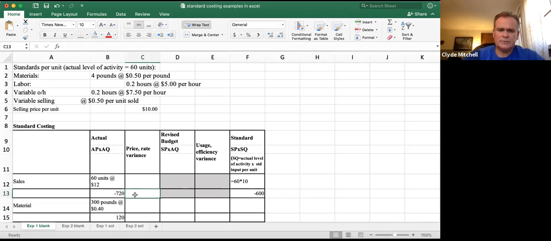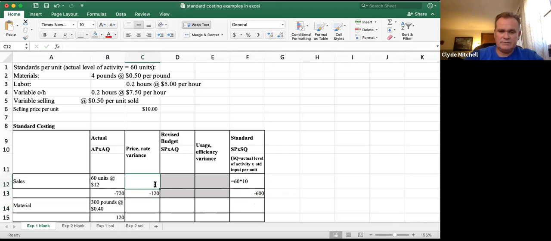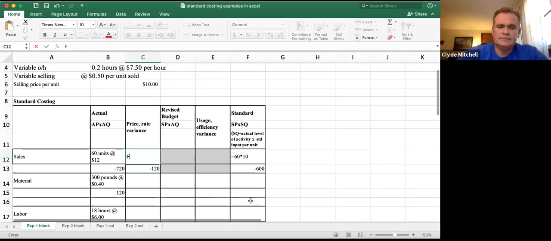So the difference between the actual and the standard in this particular case is going to be equal to 120, and it's negative, so we would see that as favorable because we're bringing in more revenue than we had anticipated.